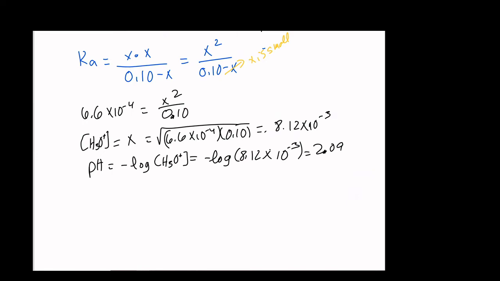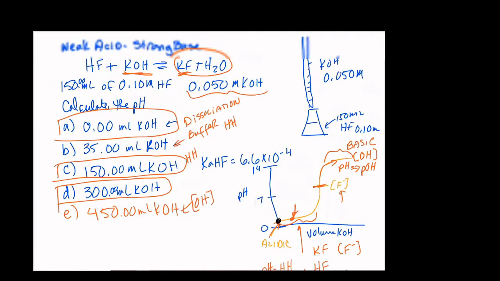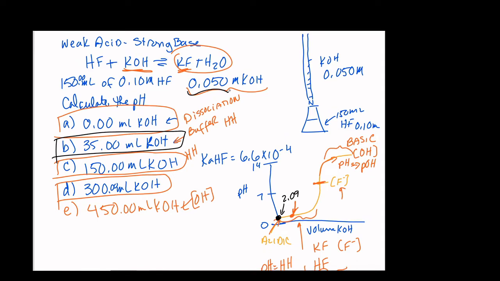So our initial pH, when we're just getting started here on this graph, is 2.09 before we add any potassium hydroxide. So B says, let's calculate the pH after we added 35 milliliters of potassium hydroxide, and that's 0.05 molar potassium hydroxide.